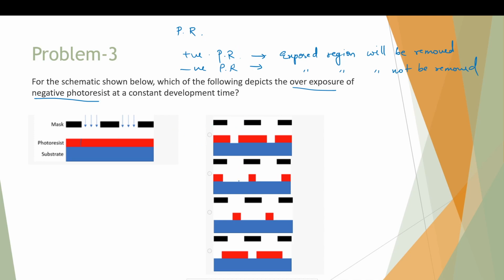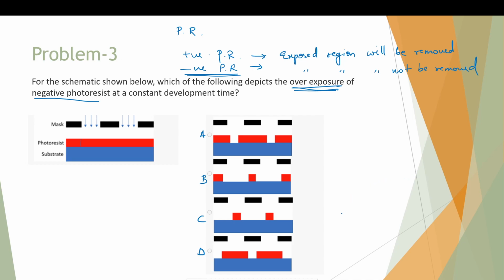So these images are after the development. So A, B, C, and D. Based on these definitions of positive and negative resist, what do you think is an overexposure? Overexposure means we are exposing for a longer period of time, or the dose is very high. Which of these do you think is an overexposure on a negative photoresist?